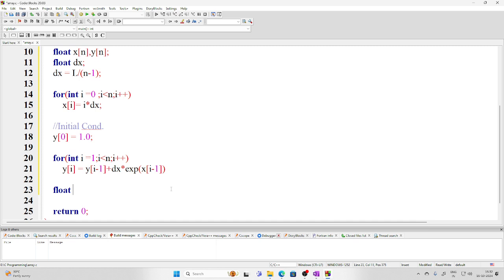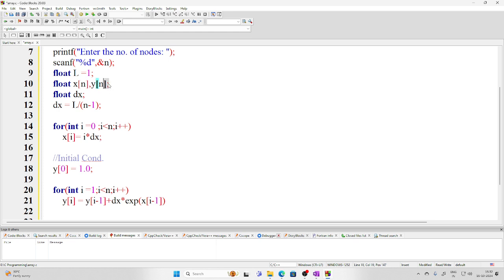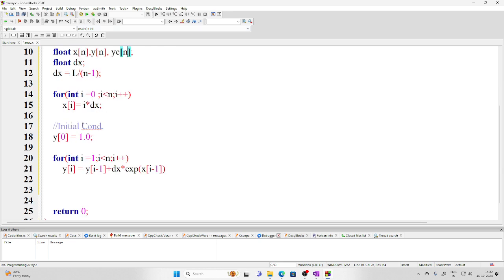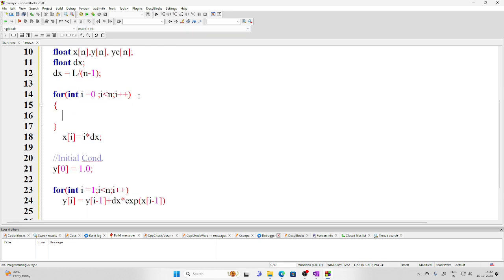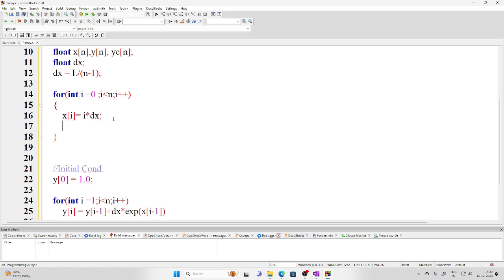Now if you want, you can set the exact value also. Let's say the exact value, y exact, I'm also writing here, as an array of n, and we can evaluate it inside this loop only. There's no need to write a separate loop for it.